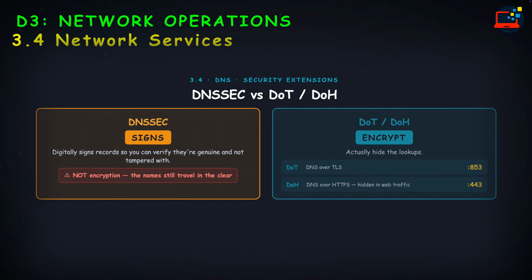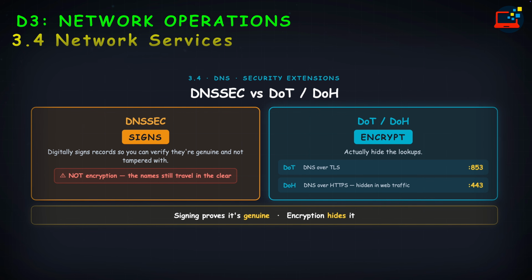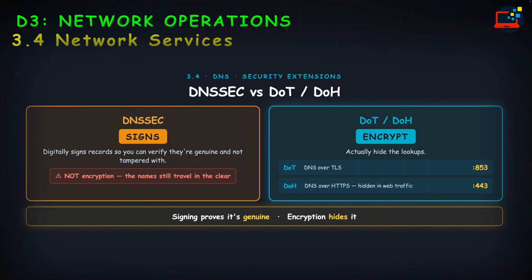DNS also has security extensions, and the exam separates 2 ideas that sound similar. DNSSEC digitally signs DNS records so you can verify they're genuine and were not tampered with, but signing is not encryption. With DNSSEC, the names still travel in the clear.